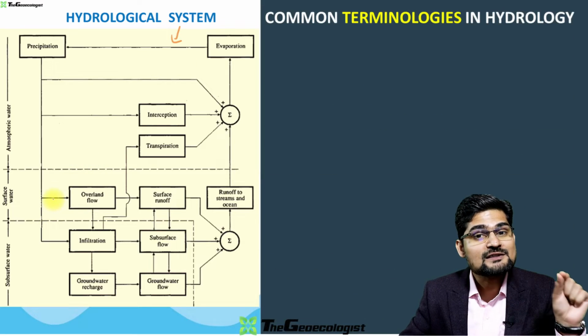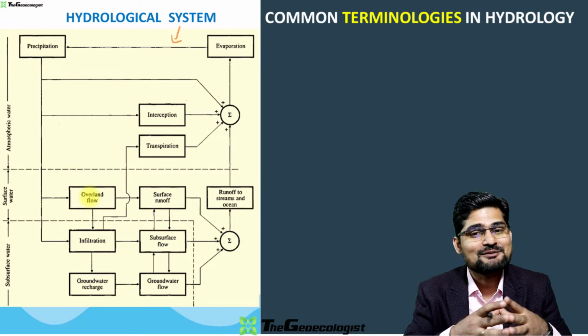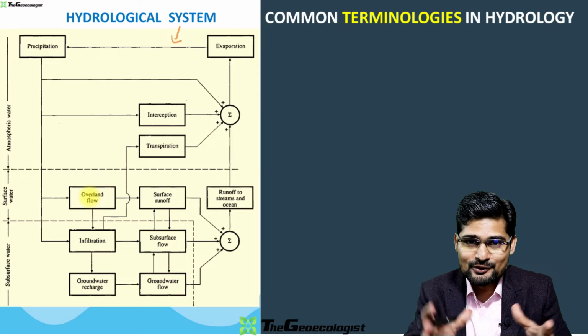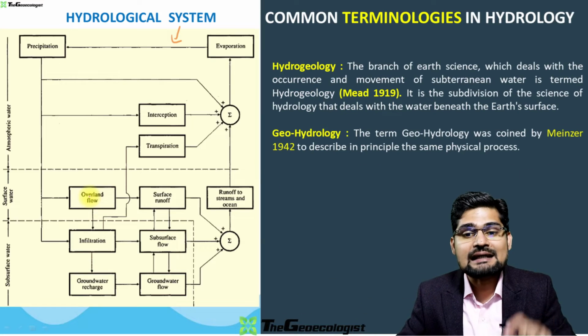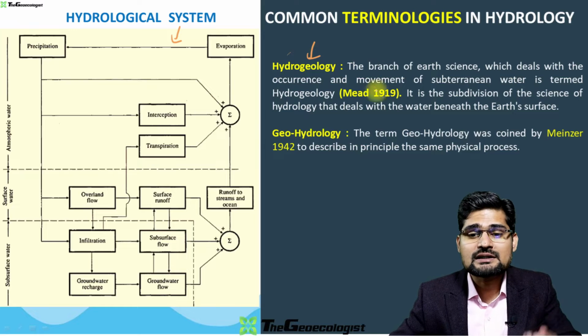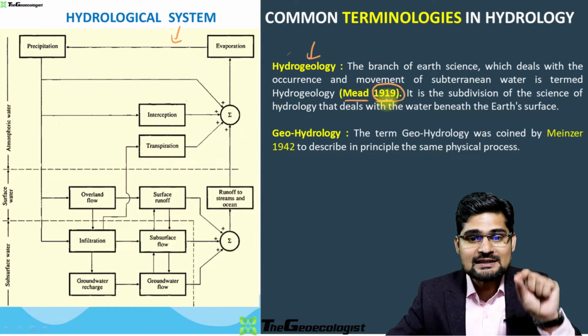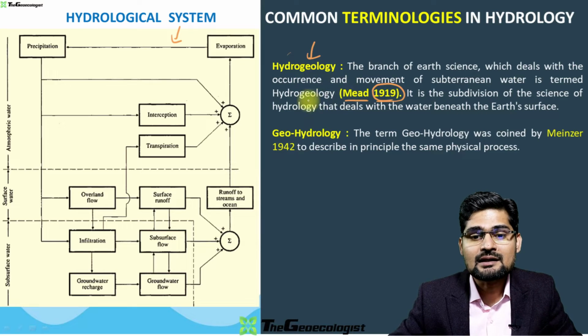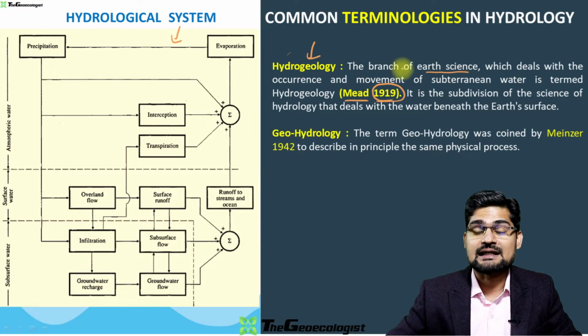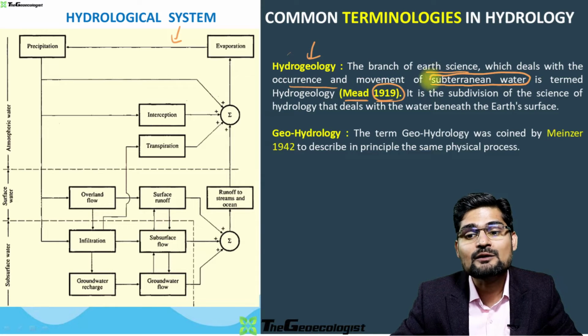Now, what was the surprise that I told you in the end? I have made a glossary of certain terminology in hydrology for you. So look into these words and their definitions. For example, hydrogeology. Who gave the word itself? Mead in 1919. So this term was given by Mead for the branch of earth science that deals with the occurrence and movement of subterranean water below the surface.